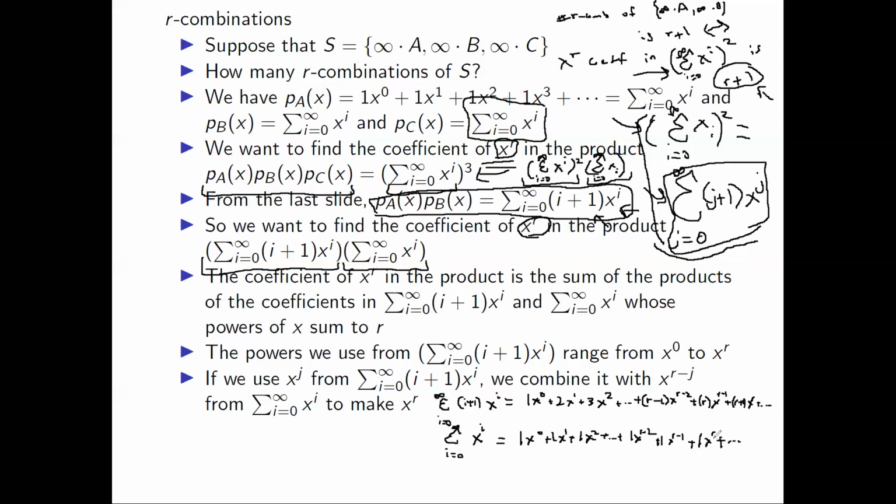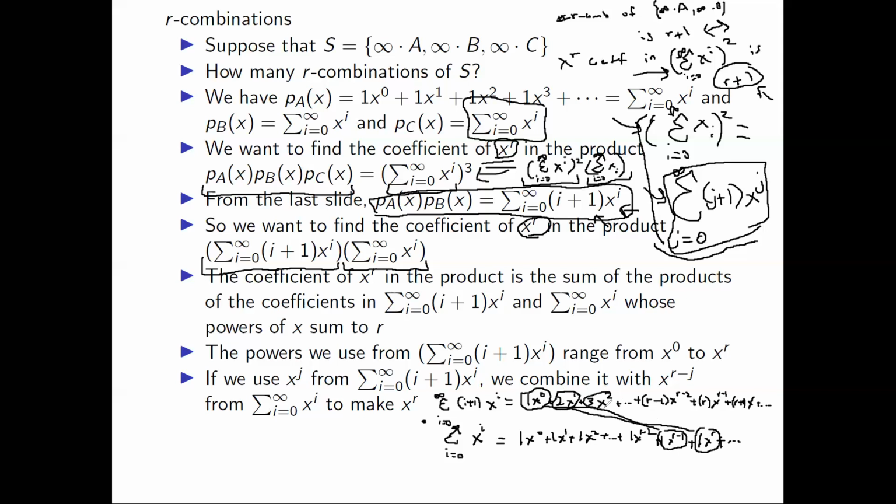Keeps on going. And we want to multiply these two together and then look at the x to the r coefficient of that. So the 1x to the 0 term, to get an x to the r, we'd have to pair that up with 1x to the r over here. So these two get paired up to make an x to the r. The 2x to the 1 right here, that gets paired up with the 1x to the r minus 1.